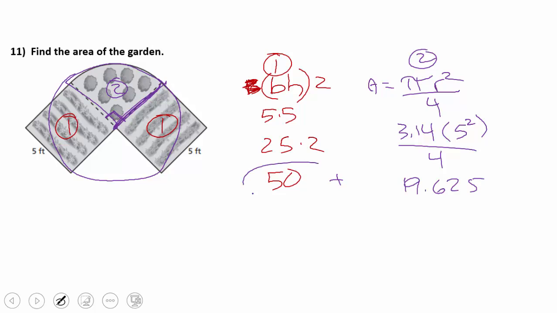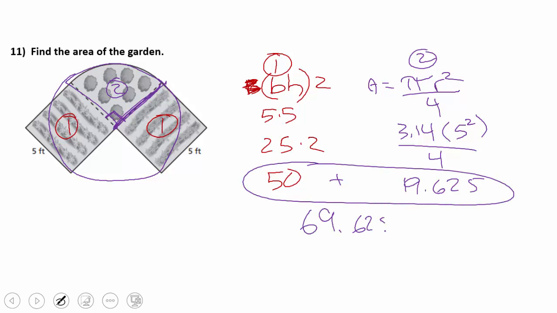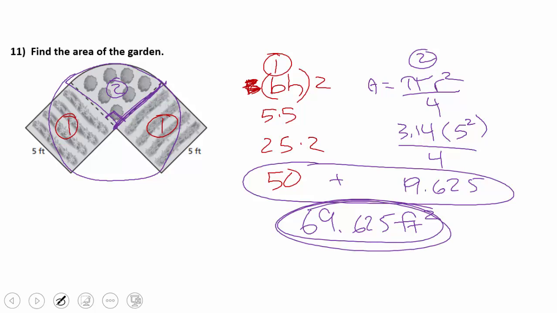And so we're going to add those two together, and we get 69.625 feet squared, and that's our final answer for the area of this funky shaped garden. Pretty cool. Maybe it goes around the corner of a building, for all I know. But anyway, it is what it is.